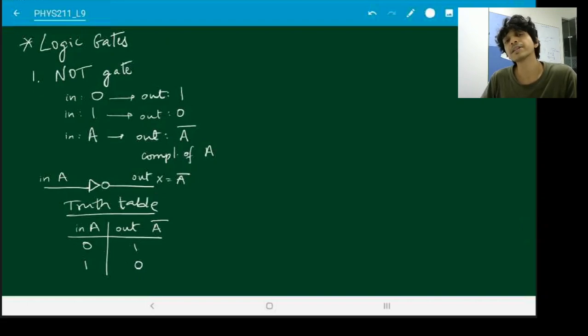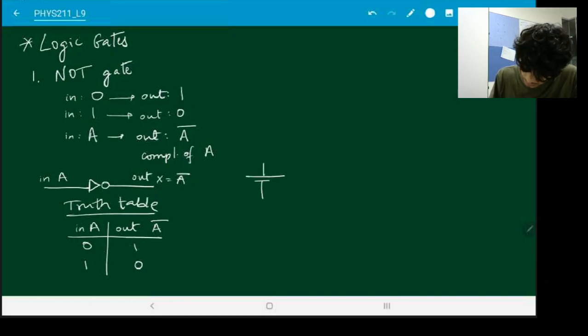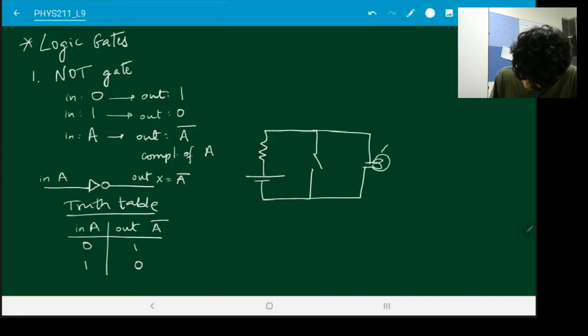How could we implement this NOT gate in an electrical circuit? How about if we do this? Suppose I construct a circuit that looks like this. So here's a circuit which has a source and a battery over here.